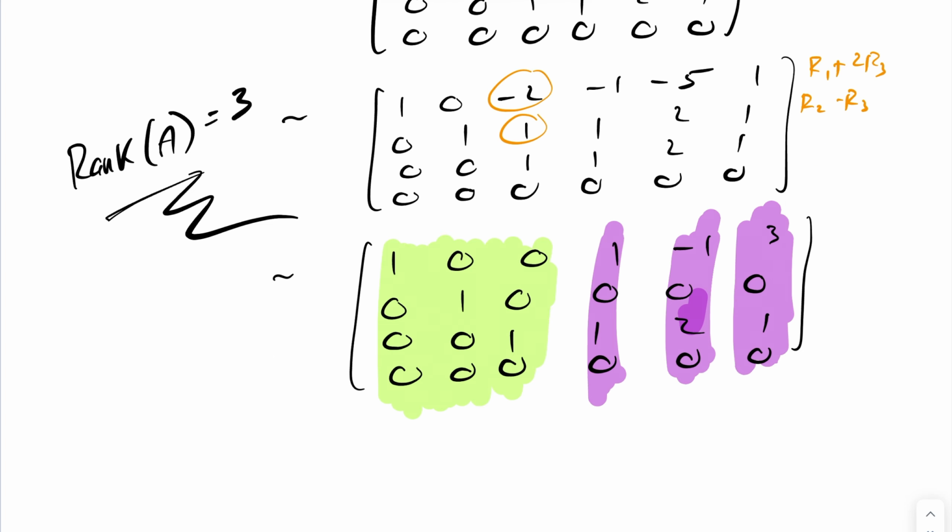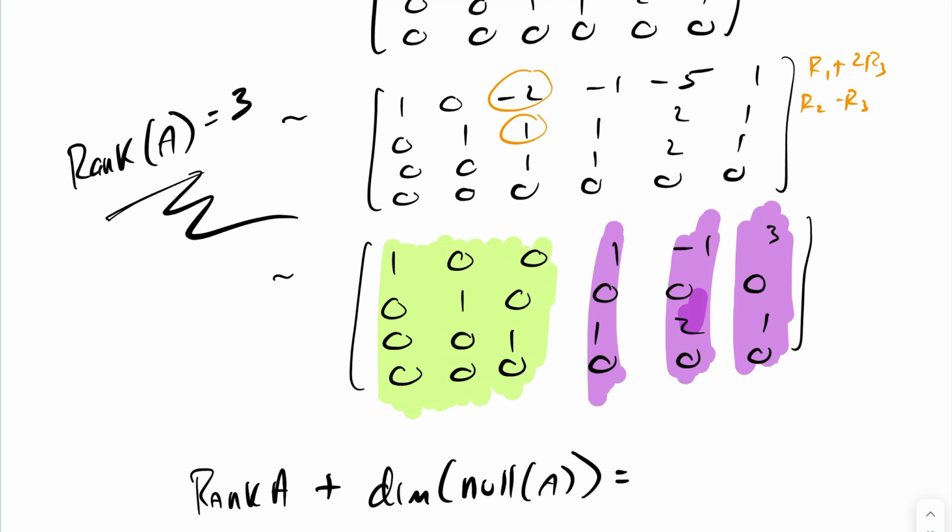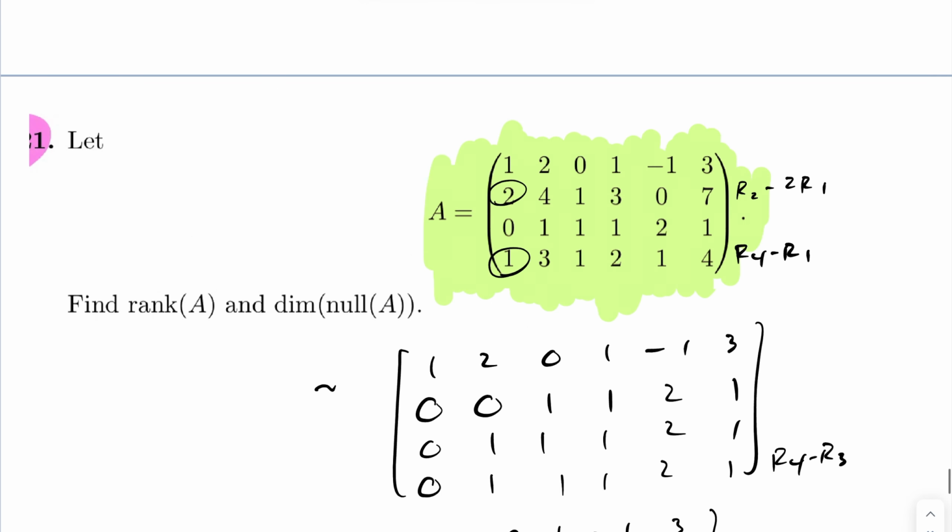If you take a look at the rank-nullity theorem, we have that the rank of A plus the dimension of the null space of A has to equal the number of columns, since this matrix transformation is out of R6.